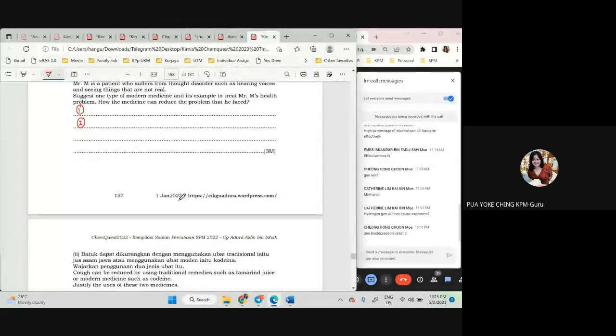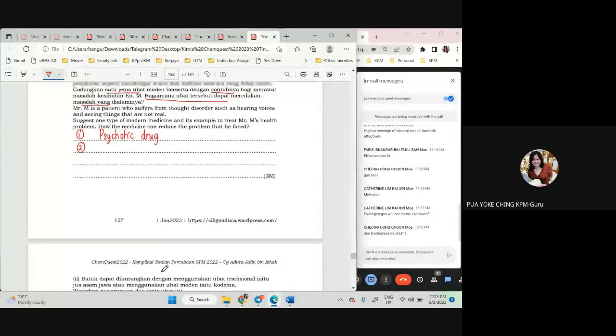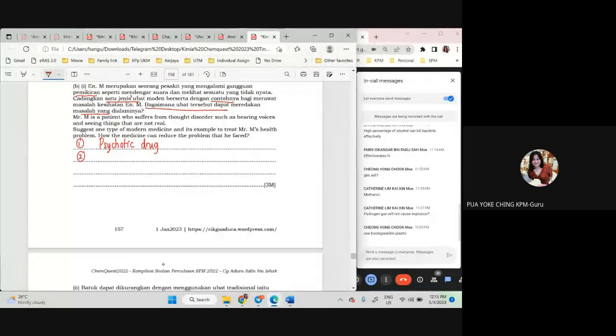Okay, ubat yang betul ialah psychotic drug, ejaan mesti betul. Okay, ubat, satu jenis ubat, one type of modern medicine, so is psychotic drug. Second point is example. So example ubat dia ialah haloperidol.